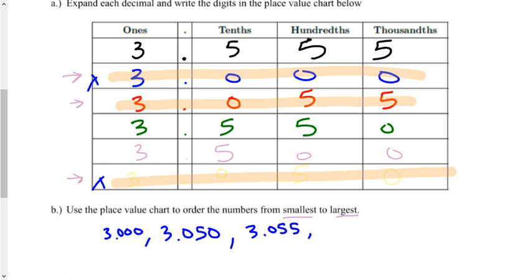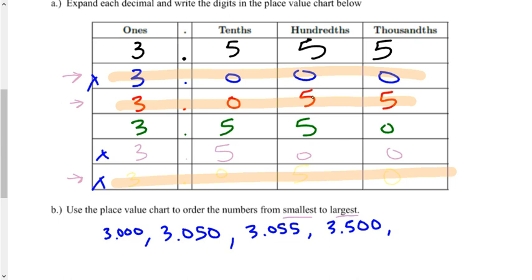Next, let's find the next ones here. We see that these all have 5s here, so we're going to go over to the next column and look for the 0. This one's smaller, so that must mean this one is next, 3.500.